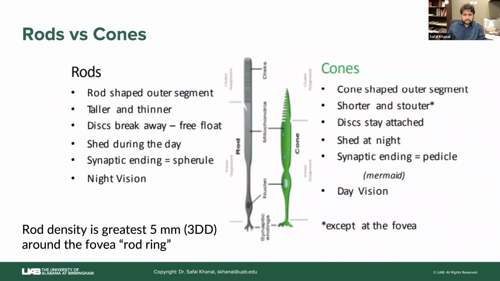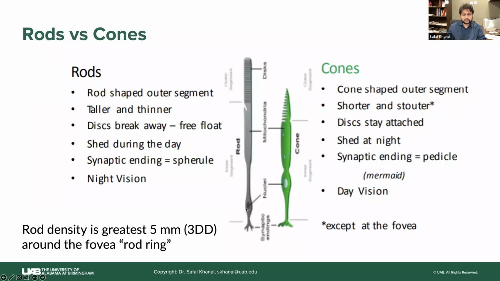And the two types of photoreceptors are different in terms of morphology. The rods have a rod-shaped outer segment, tall and thinner. The discs normally break away, and they are free floating. These are shed during the daytime, and the synaptic ending is called the spherule.